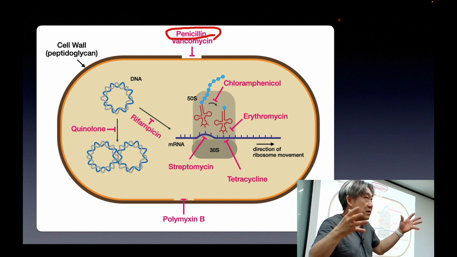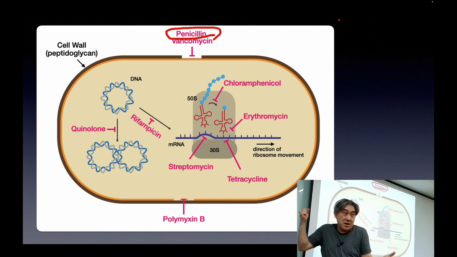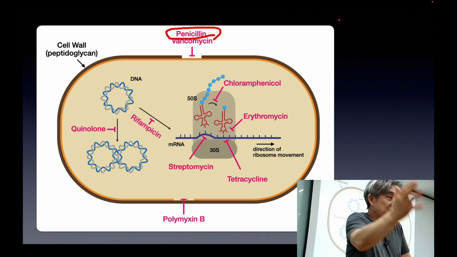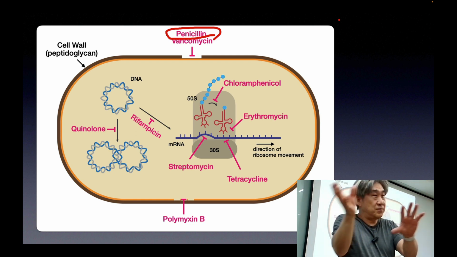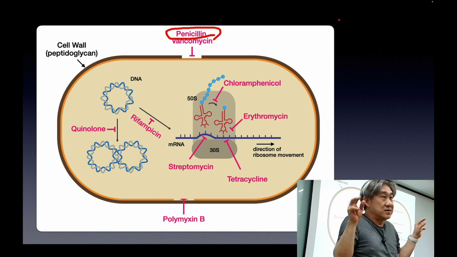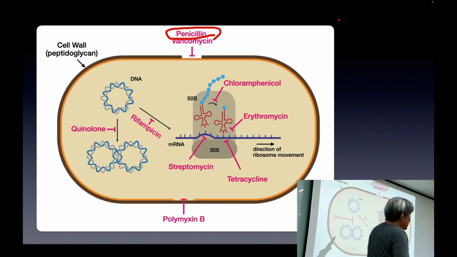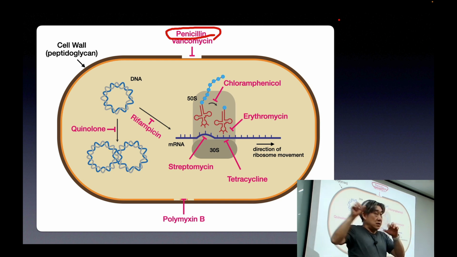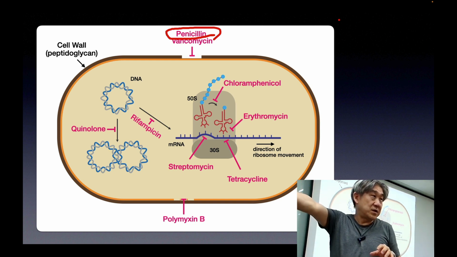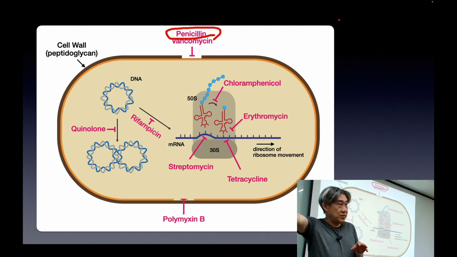If a drug can influence both eukaryotes and prokaryotes, then by definition it is not an antibiotic, at least theoretically, because antibiotics are only for killing or inhibiting bacteria, prokaryotes only.